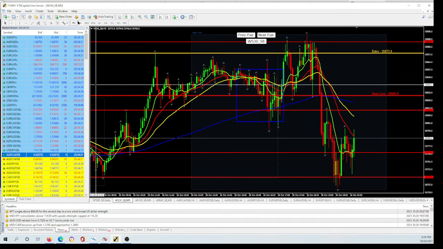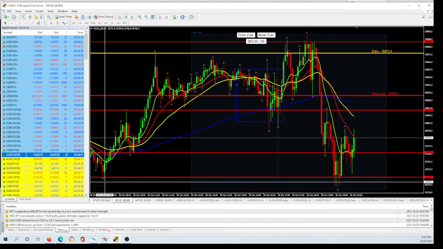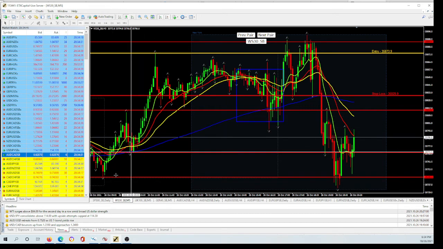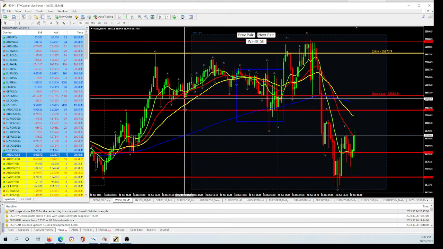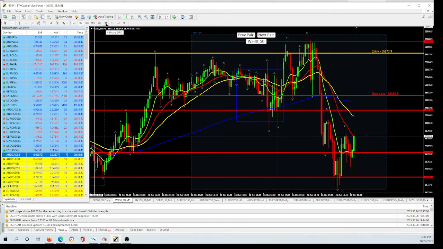So if you are scalping, when you come to your smaller time frame, you look for your buy trades. So you only take buy setups because the market is reversing. And always check the news.